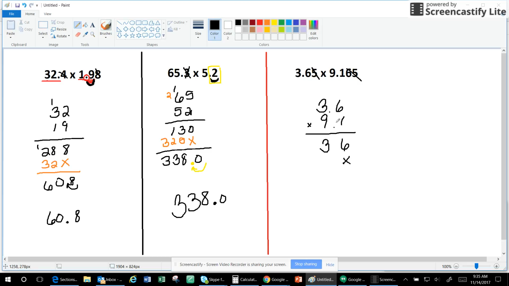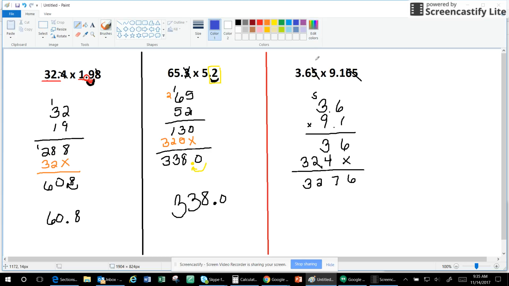Nothing in the ones column for the 9. 9 times 6 is 54, so we write 4, carry the 5. 9 times 3 is 27, plus the 5 is 32. Add these together. We have 6, 7, 2, 3.